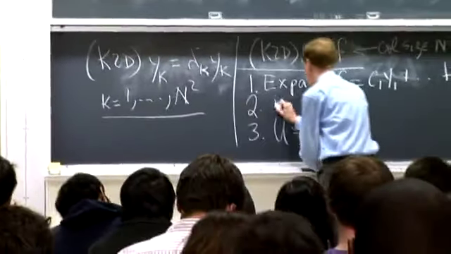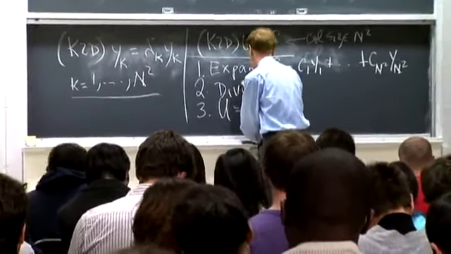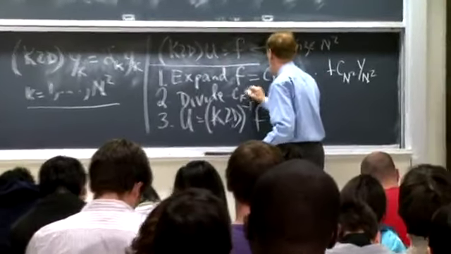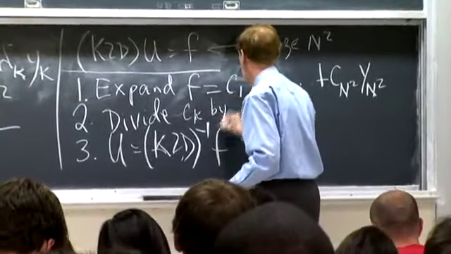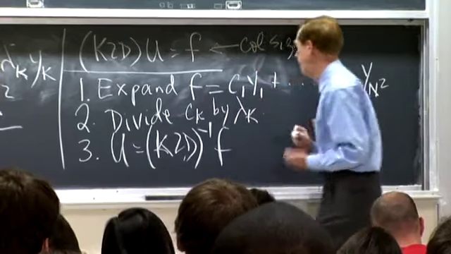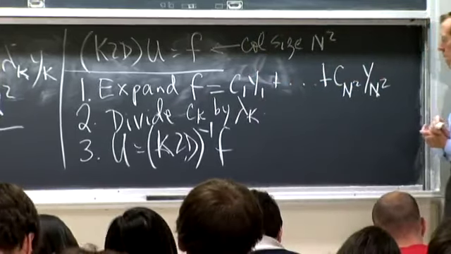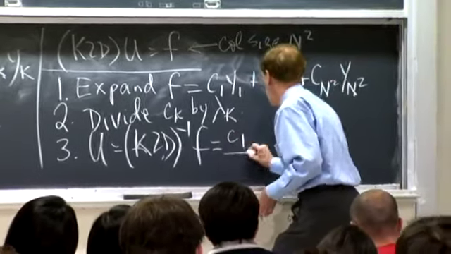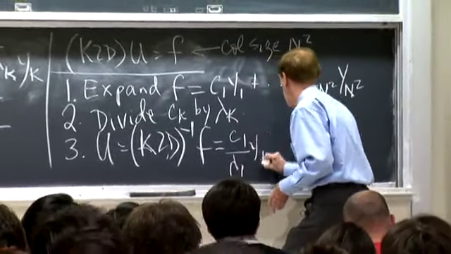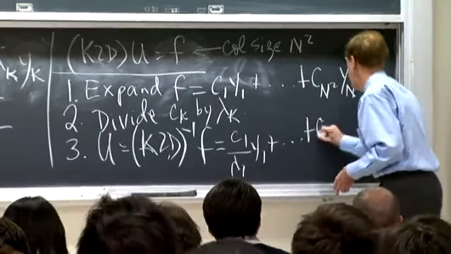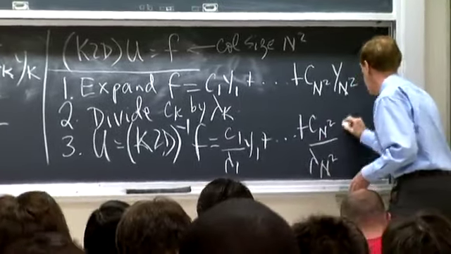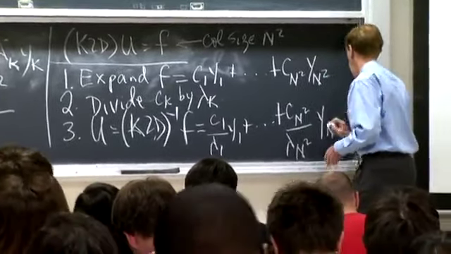Okay, so I'm going to divide, so here's the fast step. Divide each of those CKs by lambda K. What do I have now? I've got C1 over lambda 1 Y1 plus, up to Cn squared, the last one, divided by its eigenvalue, times its eigenvector.